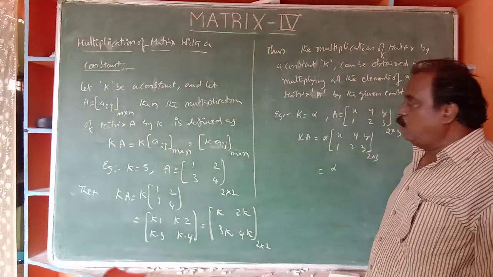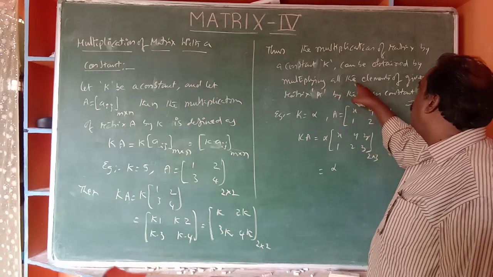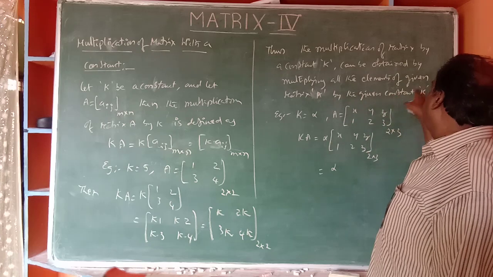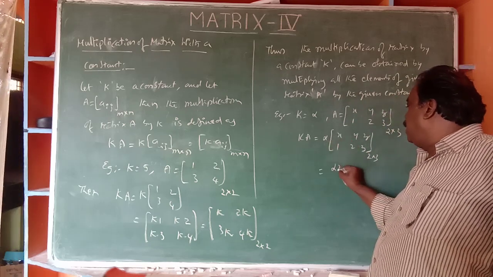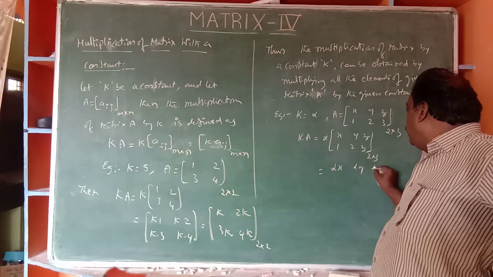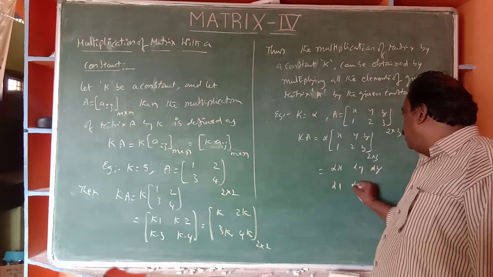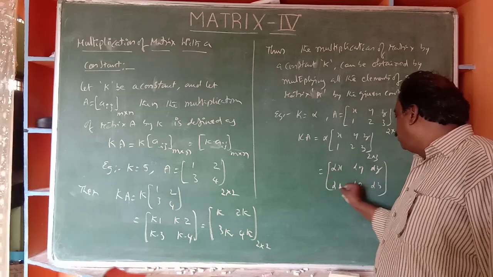We have to multiply all the elements of the given matrix A by the given constant K. That is alpha into x, alpha into y, alpha into z, alpha into 1, alpha into 2, alpha into 3.